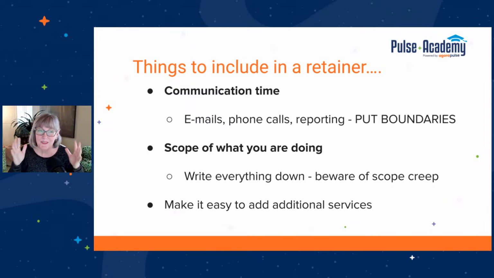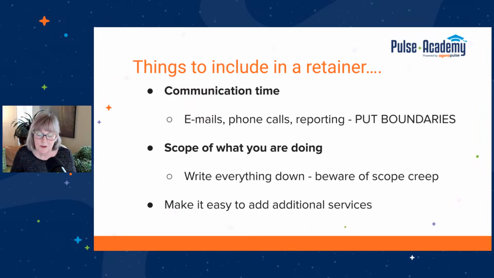The interesting thing about client work is that so often the client will be so happy with what you're doing that they start to say, well, can you also do this? And can you also add this? And can you maybe not do this, but then do that?